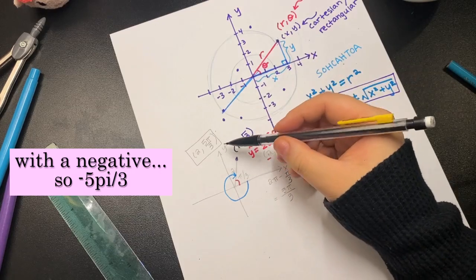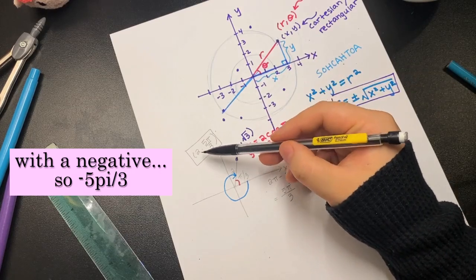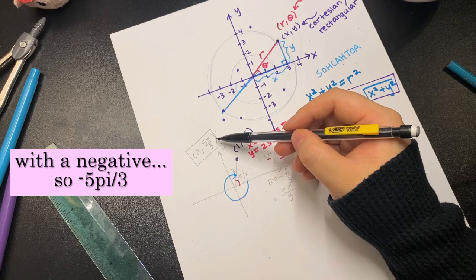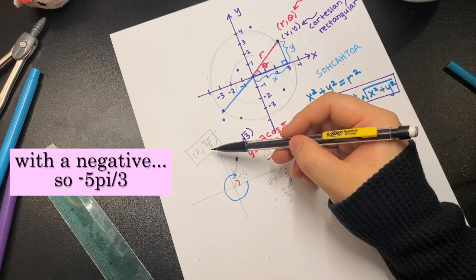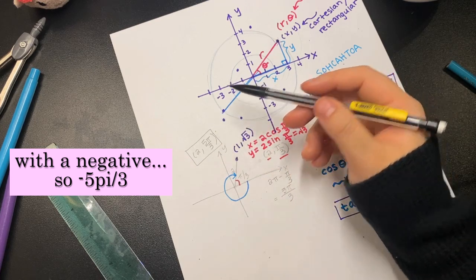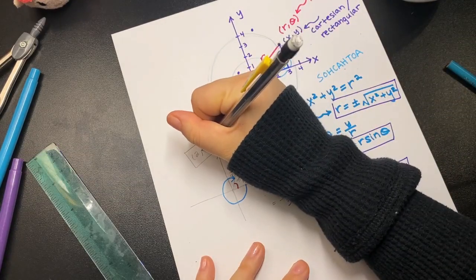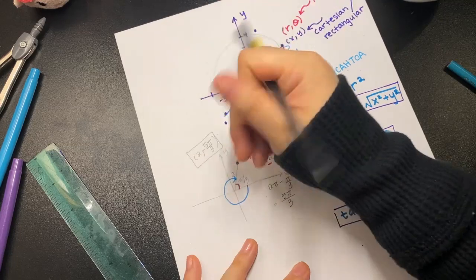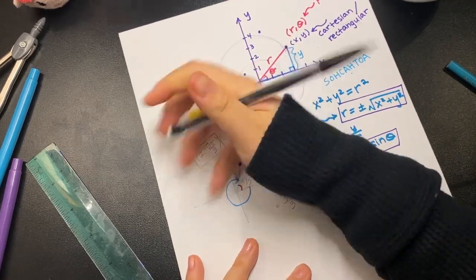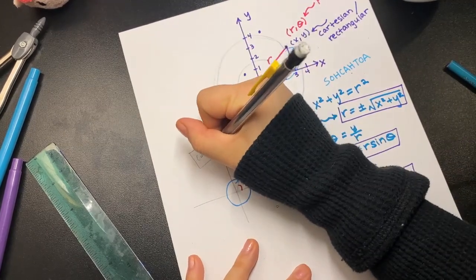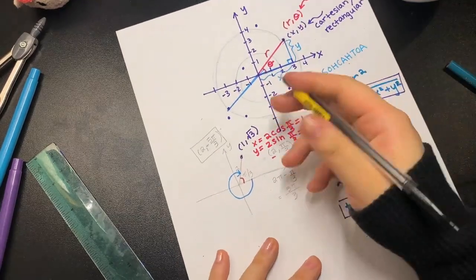And you can check that by trying out 2 cosine 5 pi over 3 and 2 sine 5 pi over 3, negative, rather, because we're going the other direction.